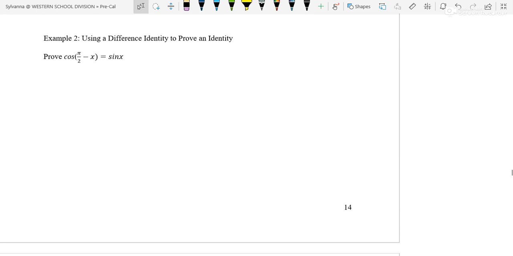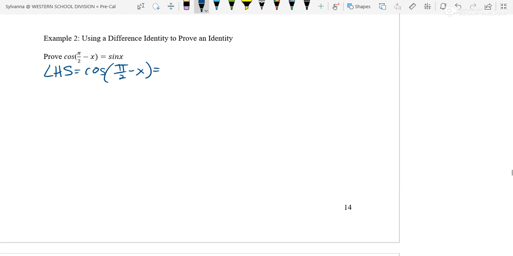All right, a different type of question now. Now we're going to do what we've been doing before with proofs. We're going to prove one side is equal to the other side. In this case, I'm going to go with my left-hand side first. And then I'm going to use those identities that we've been looking at before, the sum and difference ones. So I'm going to expand this.